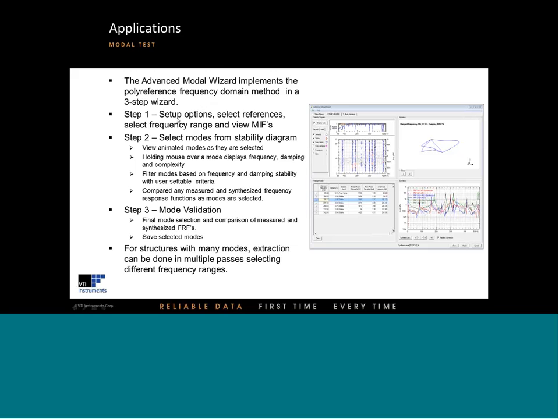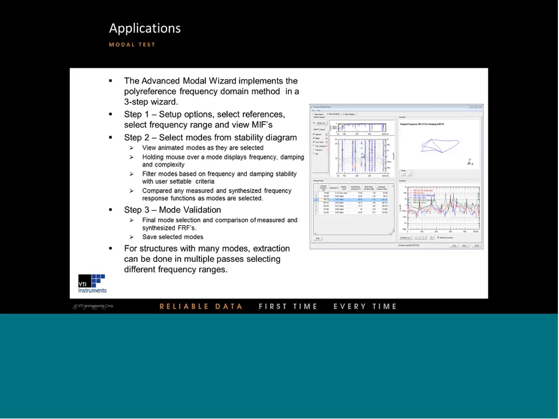You set up options, select references, select the frequency range, and view the mode indicator functions in step 1. In step 2, you're presented with the stability diagram as shown here. And as you hold the mouse over a given mode, it displays frequency, damping, and complexity.